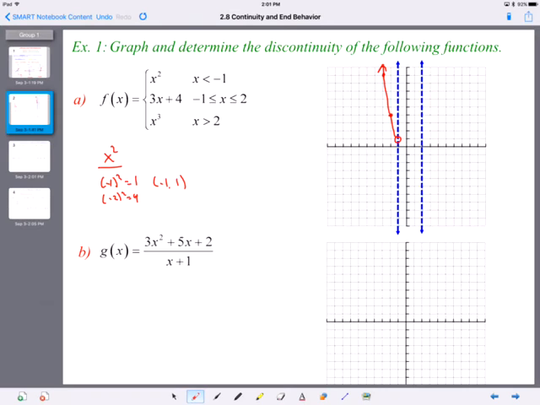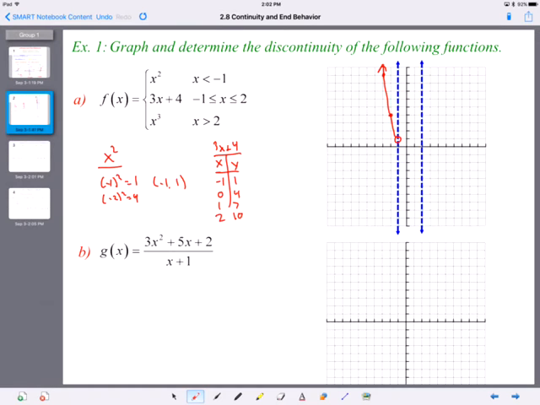Alright, and then now we have the linear, but we're only going to go from -1 to 2. So -1, 0, 1, and 2, and this is for 3x plus 4. And so if you plug in -1, you get 1, you plug in 0, you get 4, 1, you get 7, and if you plug in 2, you get 10.